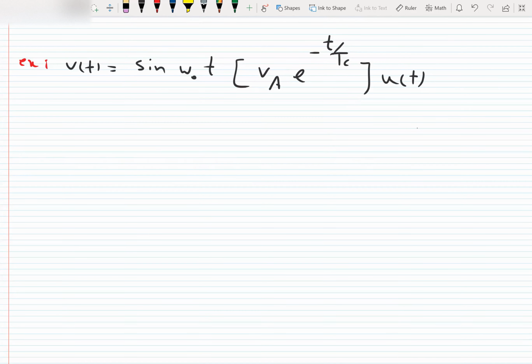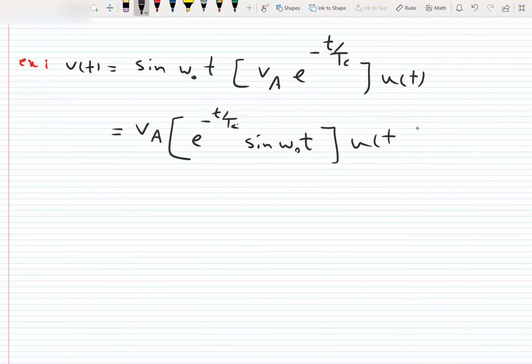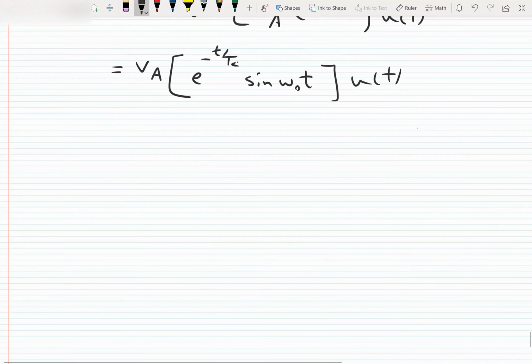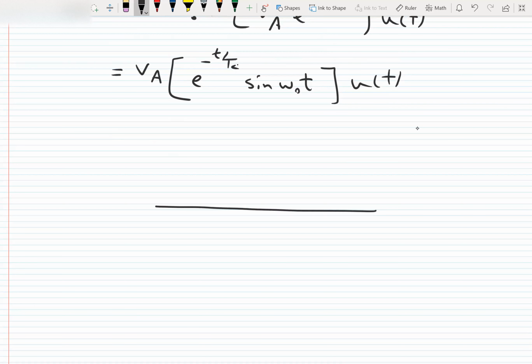If we sketch this signal, first let's write this signal in this form: VA e to the negative t over tc sine of omega 0 t u of t. And now we want to sketch this signal.